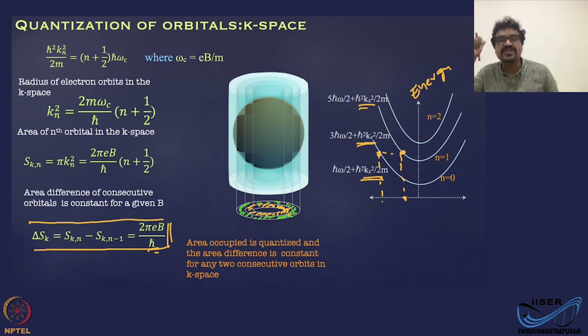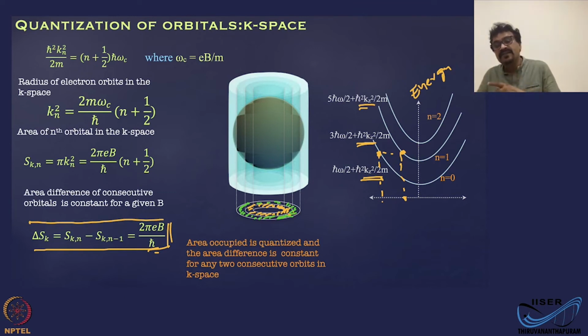If you have a total energy which is a given constant, how much of that energy is partitioned for the xy plane motion versus how much is partitioned for the motion in the z direction. What I'm trying to say is, if you have a particle with a constant energy, that could be lying in n is equal to 1 or n is equal to 0 Landau level.